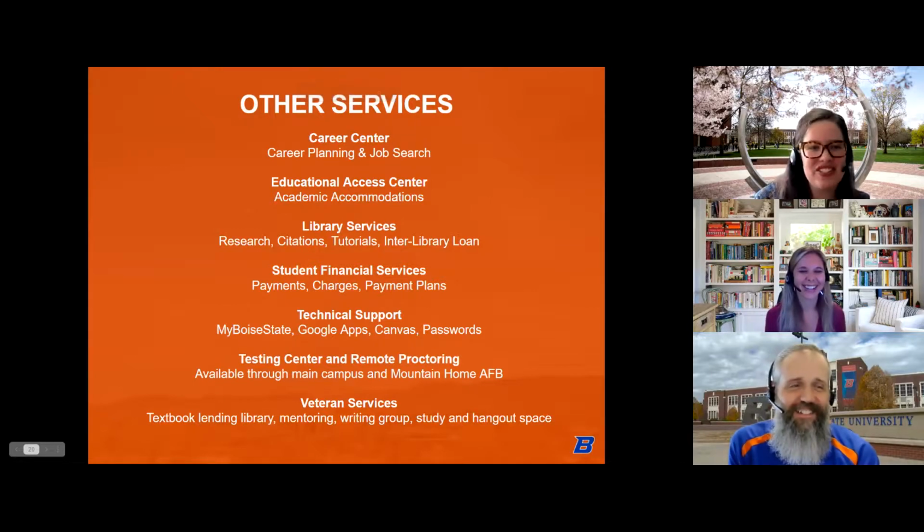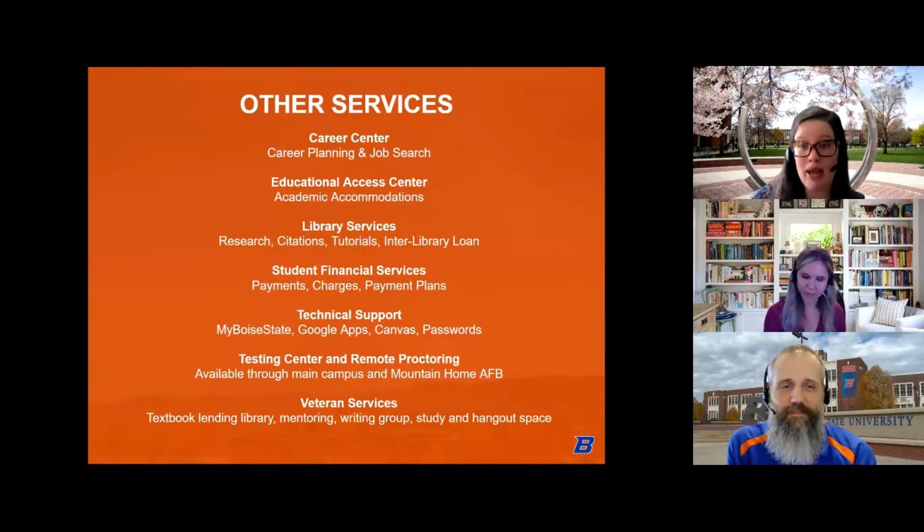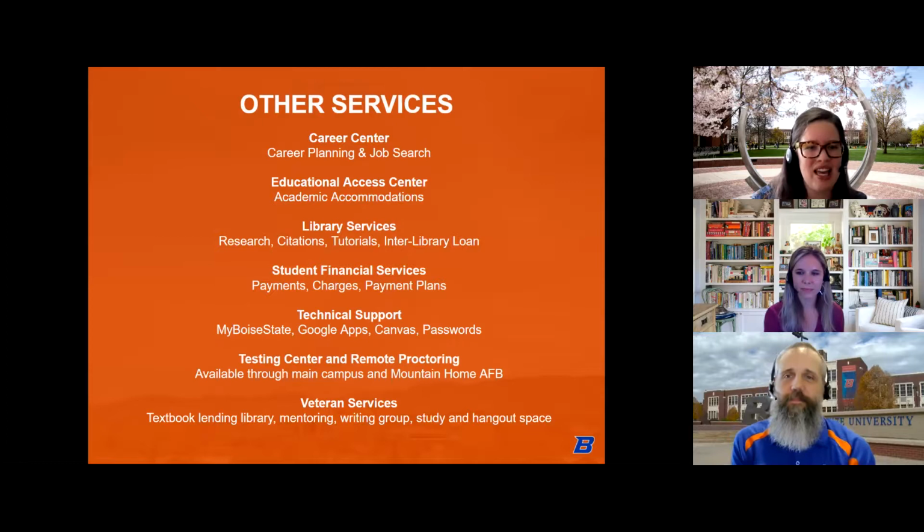We have other services as well. So Career Center, the Educational Access Center, which will help with any accommodations that you might need in your courses. There's library services, the student financial services, where that payment plan that AJ was talking about earlier is done through. Technical support through our help desk. Again, they help with IT sort of things.